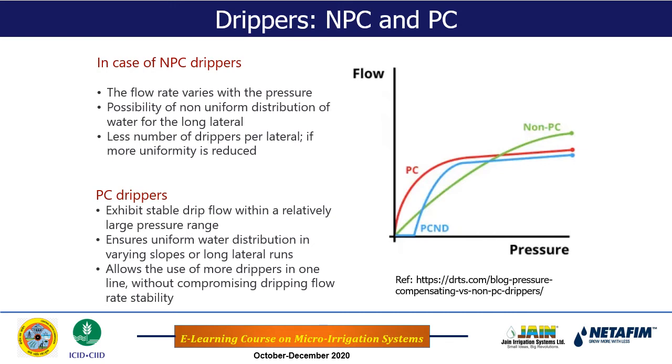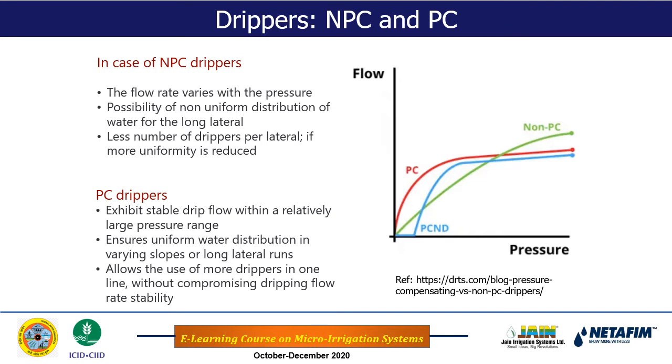Then PC drippers exhibit stable drip flow within a relatively large pressure range. I already told you, this ensures uniform water distribution in varying slopes of long lateral runs, and allows the use of more drippers in one line without compromising dripping flow rate stability. So in short, if you want to go for precision irrigation management, then we need to go for the PC kind of drippers.